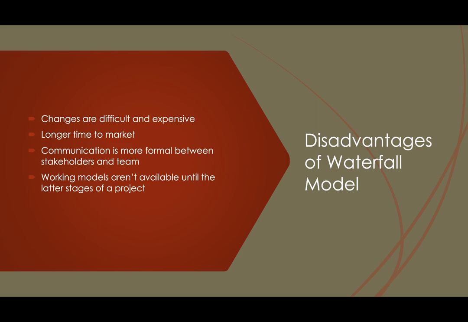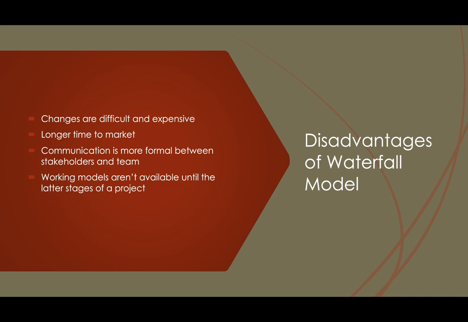The next one is that working models aren't available until the later stage of a project. Agile allows for quick delivery of projects with shorter life cycles, as each iteration delivers a workable product, whereas waterfall requires the completion of all tasks before any work can be released, as I mentioned.